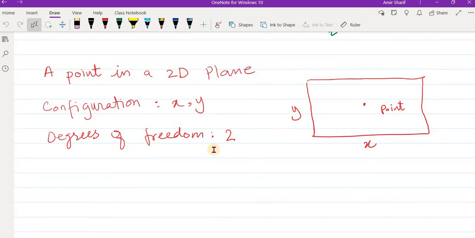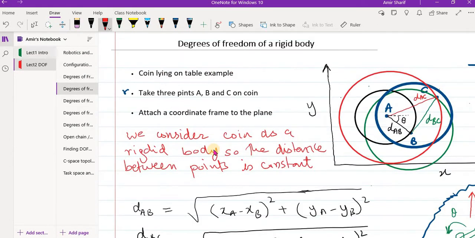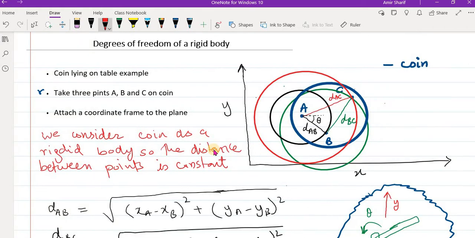So we have a point A on the coin, and we are not considering other points, only point A. It has 2 degrees of freedom and no constraints.